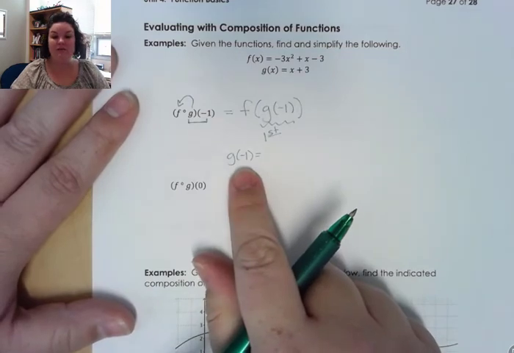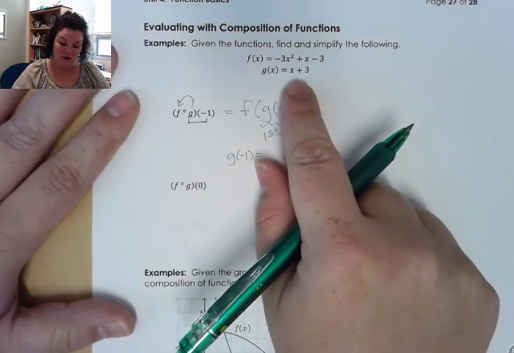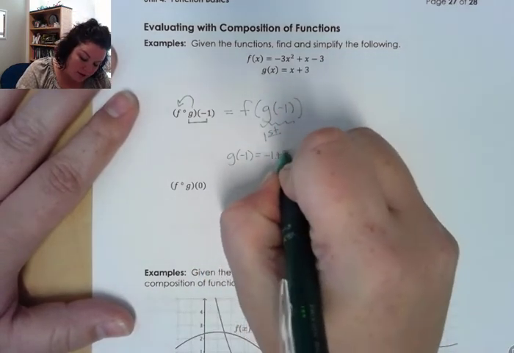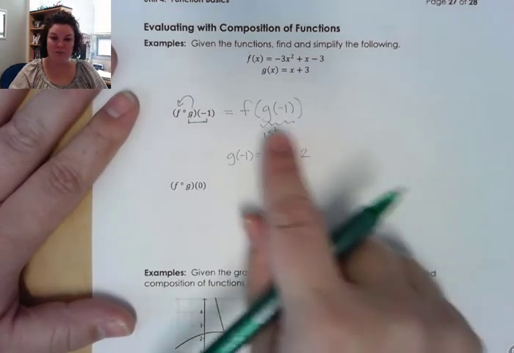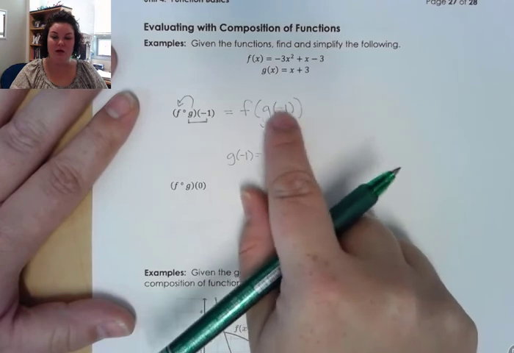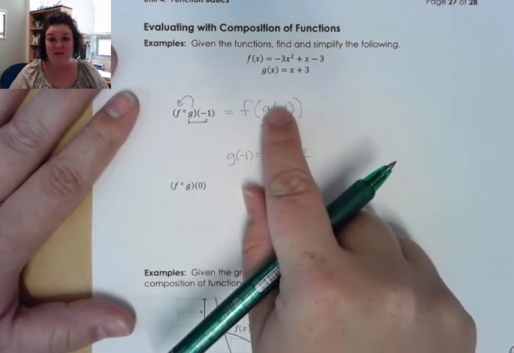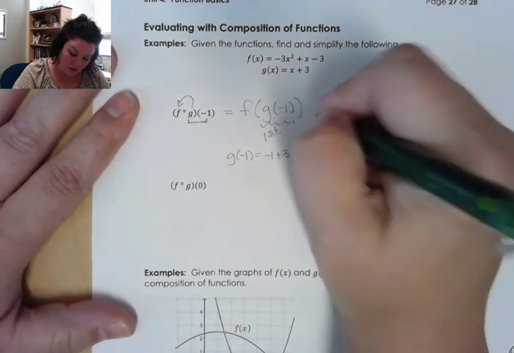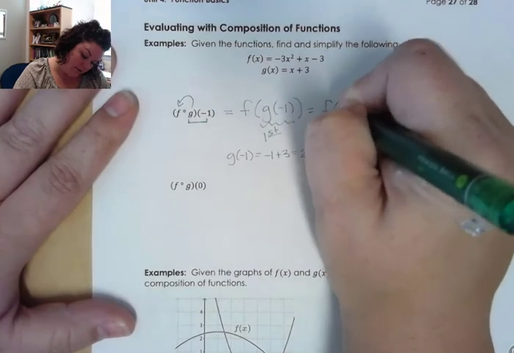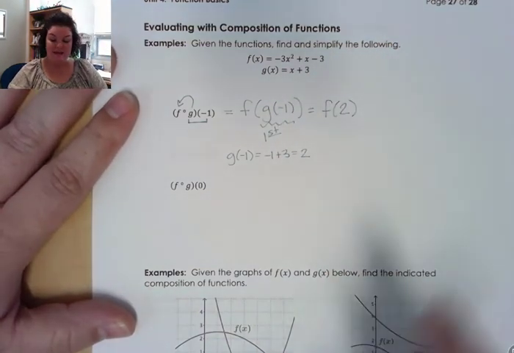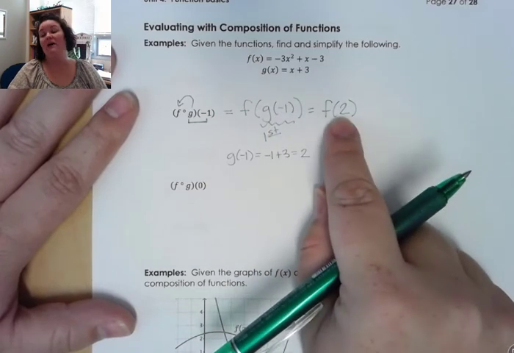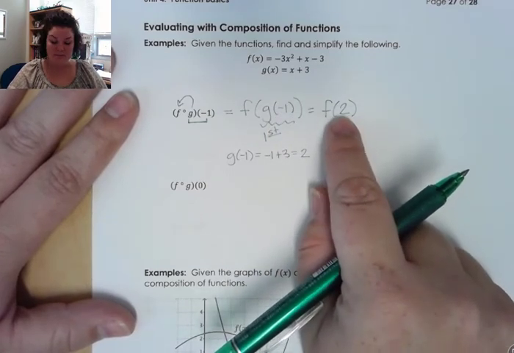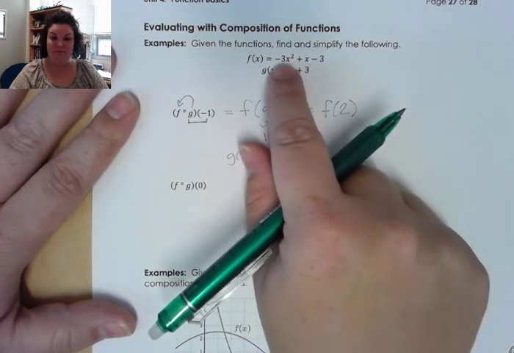If I plug -1 into my g function, I'll get -1 plus 3, which is 2. So what I want to do is just replace this g of -1 with what I just found it to equal, which is 2. So this is f of 2. Now that I've simplified that inside piece, I can just evaluate f of 2. That means I'm plugging 2 into my f function.